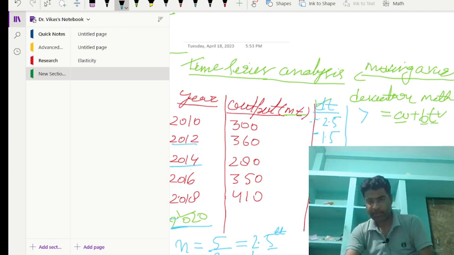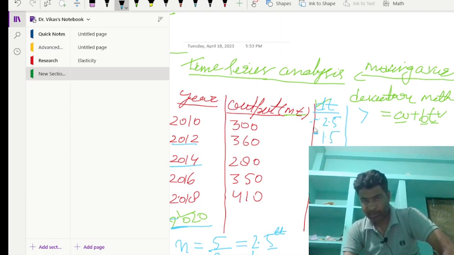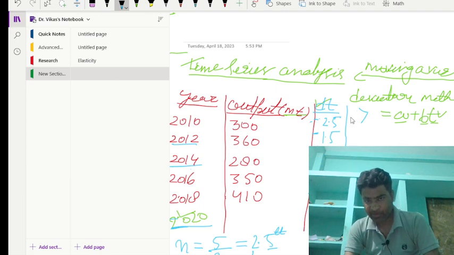Here you must be cautious about the positive and negative sign by calculating the deviation time. So we have got the deviation time.